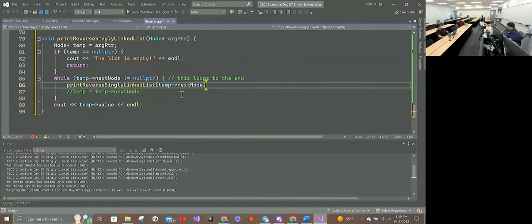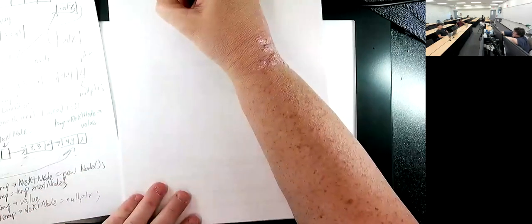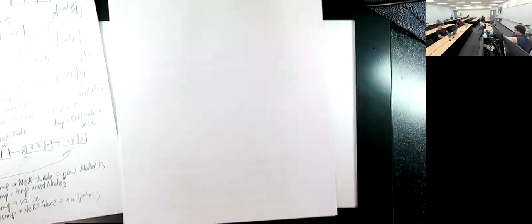Cout temp. Okay, let's get this right. Right now I've got while temp next node is not equal to nullptr.